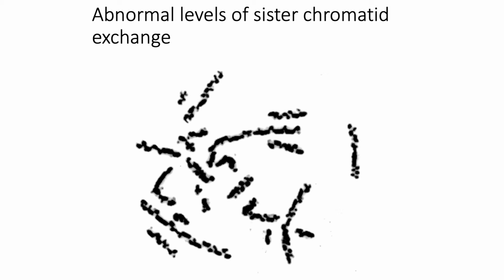And it turns out the defect in Bloom syndrome is in the DNA ligase, the enzyme that links the Okazaki fragments together. And so if you don't ligate those fragments together, you've got a bunch of single-stranded nicks that can promote recombination during mitosis. And so the result is this high level of exchange between sister chromatids.